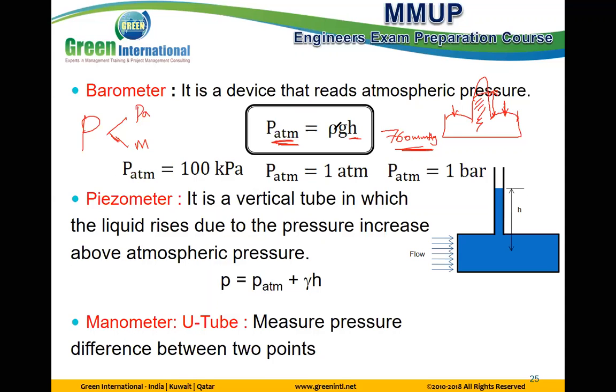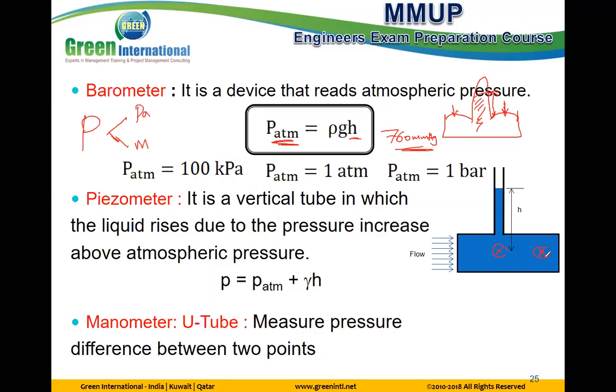But the datum for that is atmospheric. We know now the type of pressure is gauge, but what does it measure? It measures pressure at a point. This column refers to the pressure at this point. If I change the point here, we find the pressure at that point, and so on.